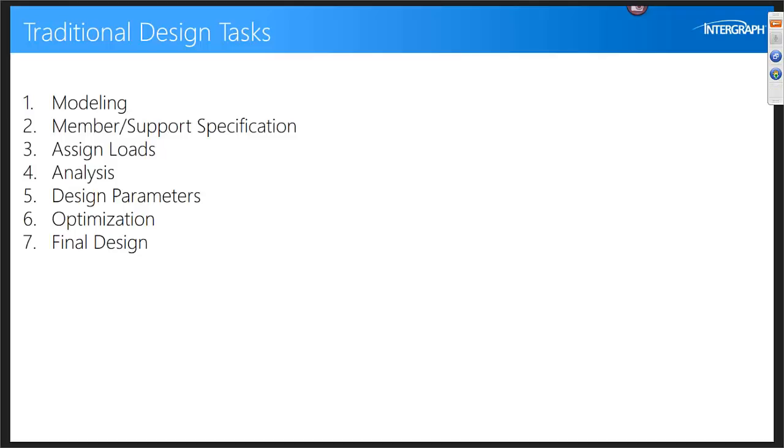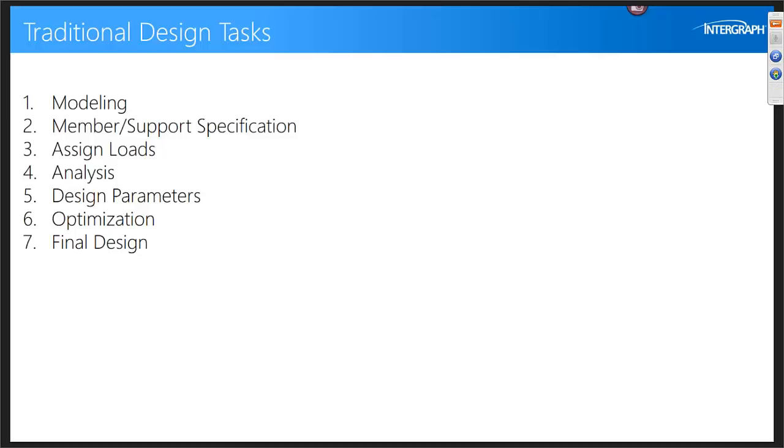Then you got to go in and assign some properties based on your experience, some support specifications. You assign loadings, then you move on to analysis. Now, you can do that analysis. Then you assign design parameters, and you optimize, and you reach the final design.